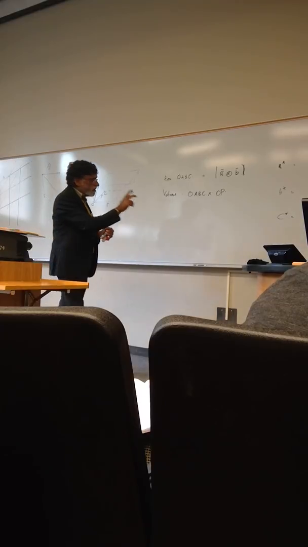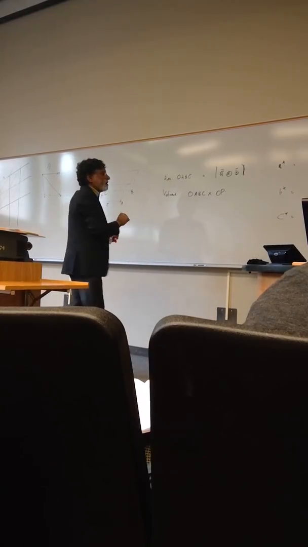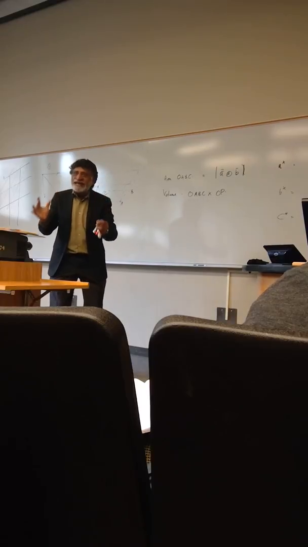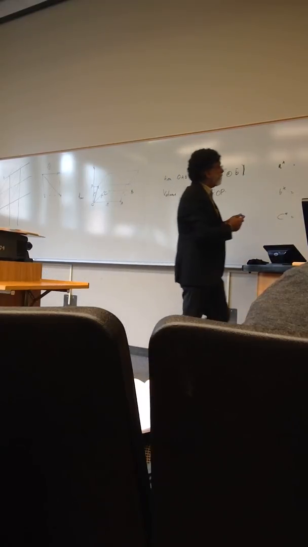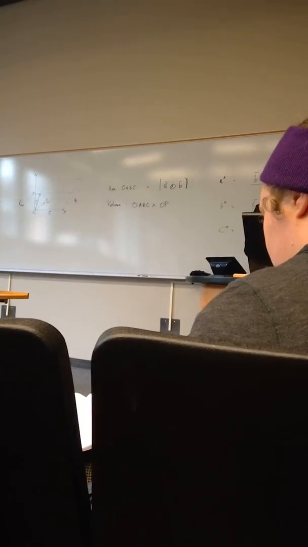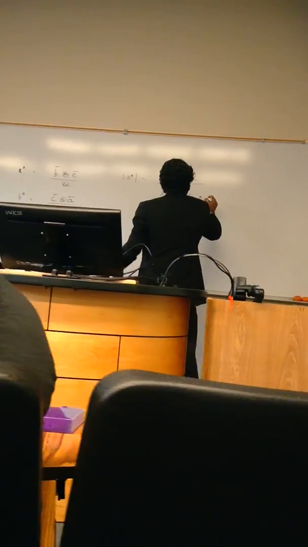Okay, so now we can put this together. If you want to calculate the magnitude of a star, then I take the magnitude of this, which is the area of OABC, and I divide by the volume, which is the area of OABC multiplied by OP.